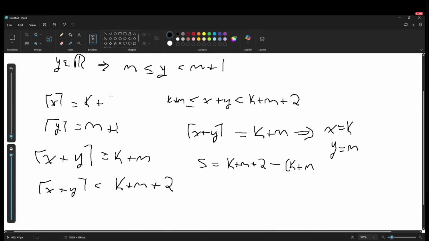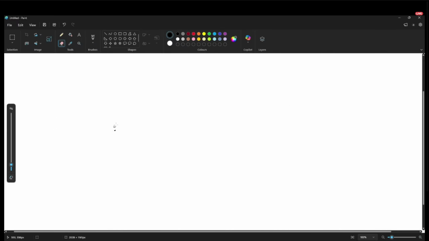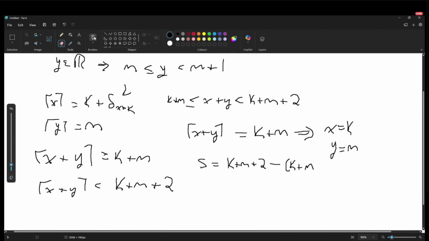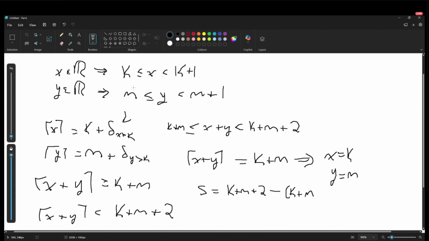I should say plus if x is strictly greater than k. This just means that it's equal to k plus 1 if x is greater than k. You can write it down like I just did to be quick, because I know you guys may have questions, but I'm just going to write it like that.